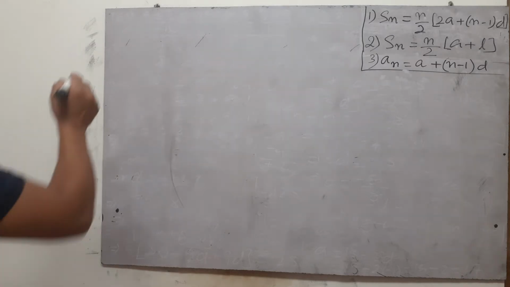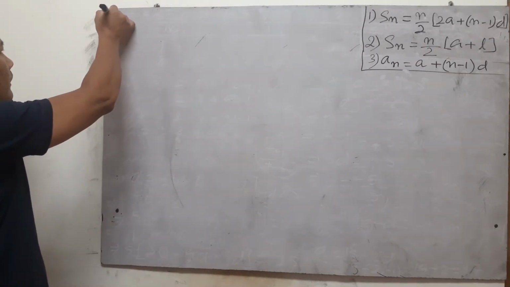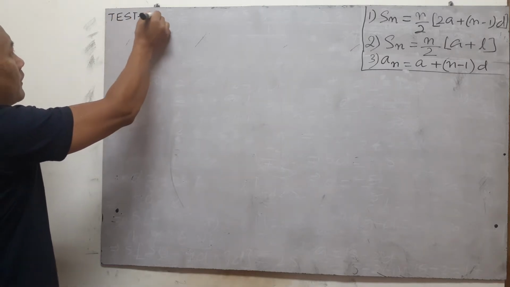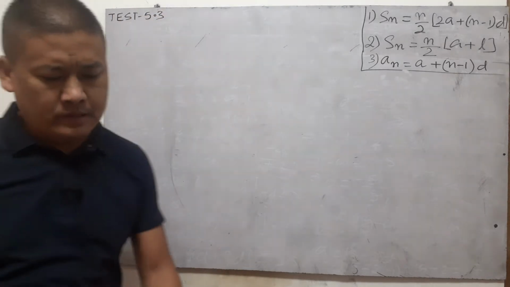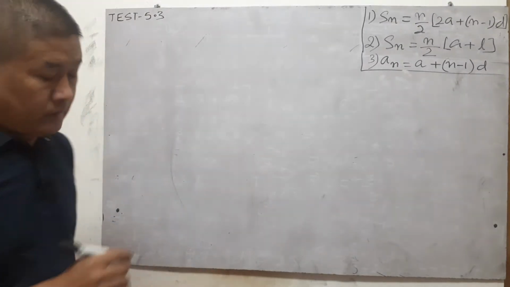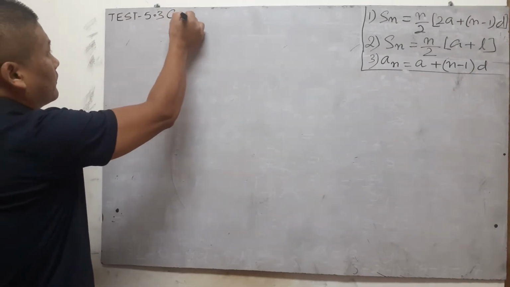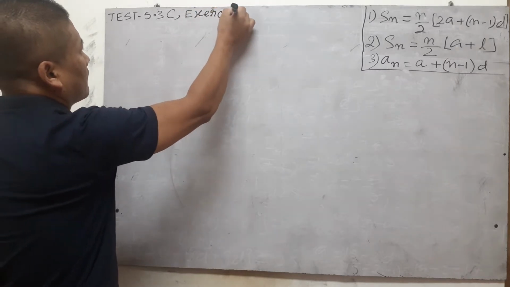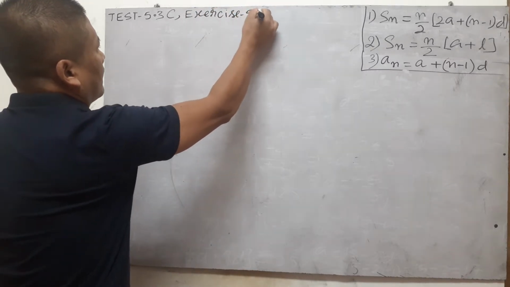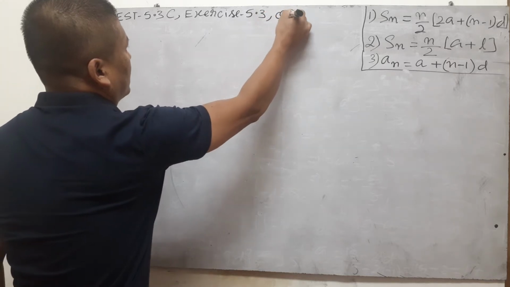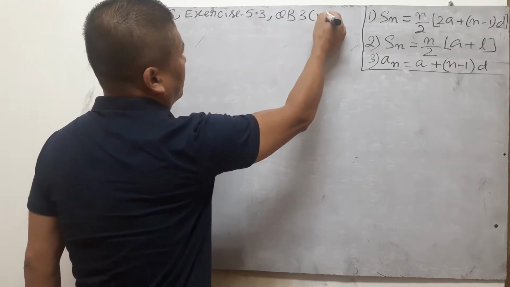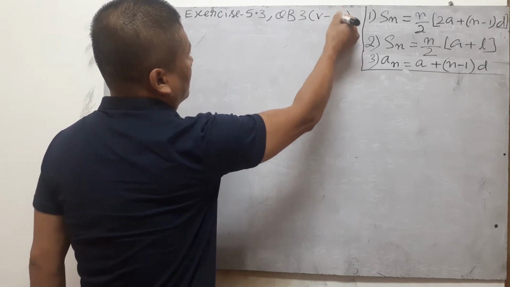So the next test, okay, write it down along with me. Test 5.3 C, I think. Okay, C. This will be under your exercise 5.3, question B3, covering from 5 to 10.